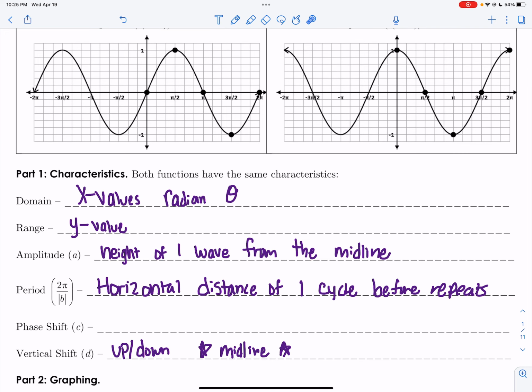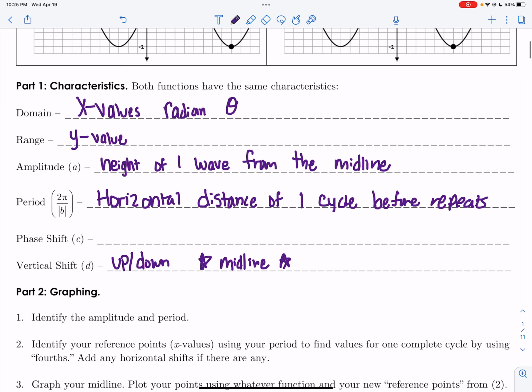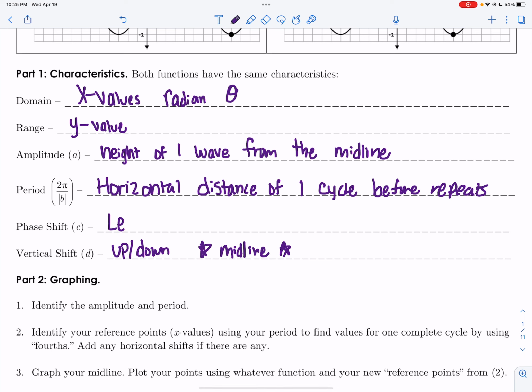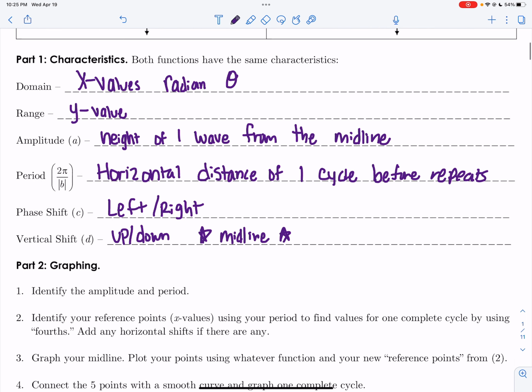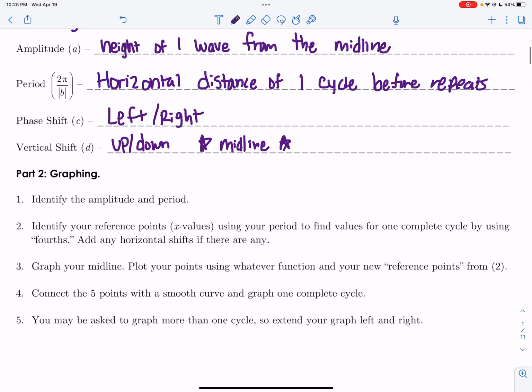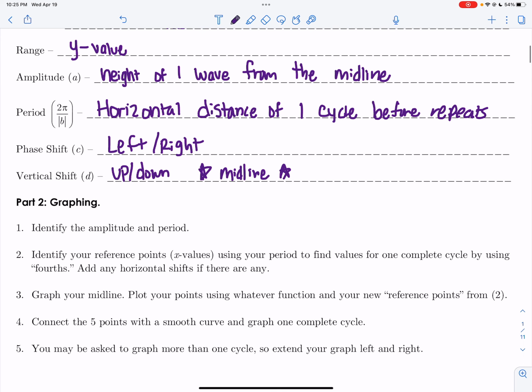My phase shift, just like regular equations, is where we go left and right. This is also going to affect my reference points if I have them. Whenever we graph, we are going to identify the amplitude and the period. So whatever they are, that's going to help us graph.